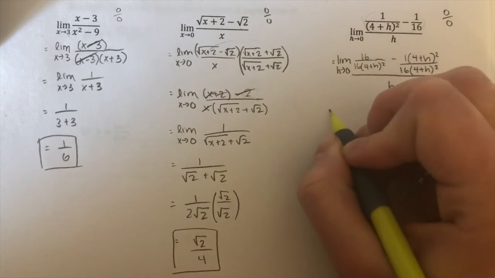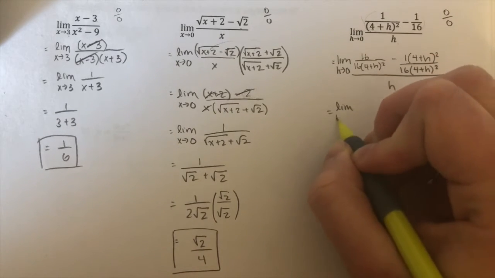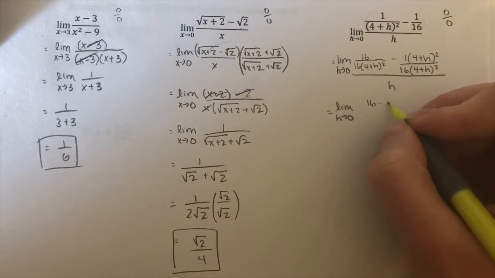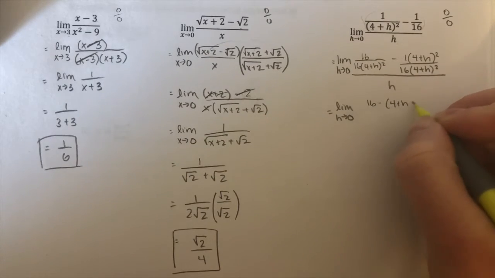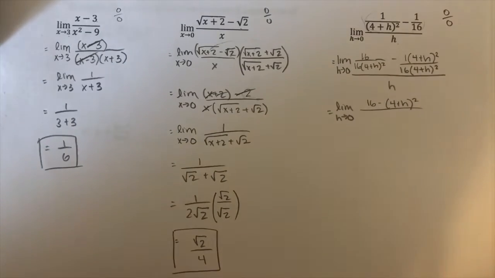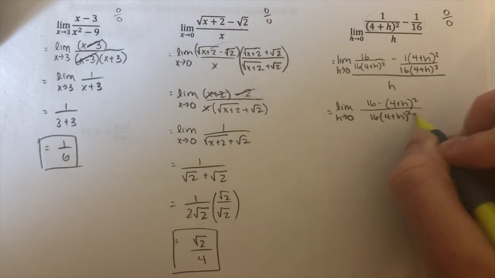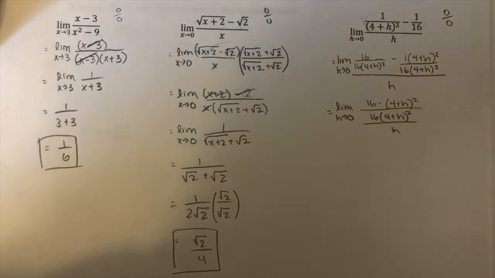And then that whole thing is over h. So now we've got 16 minus (4 plus h) squared over 16 times (4 plus h) squared, all over h.